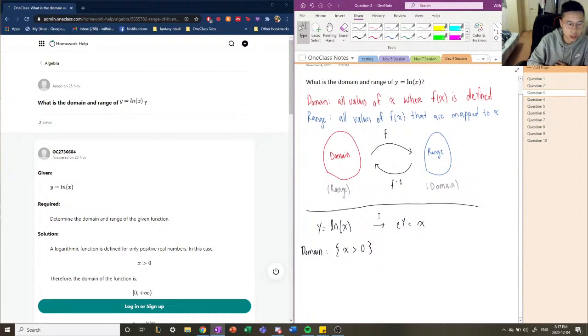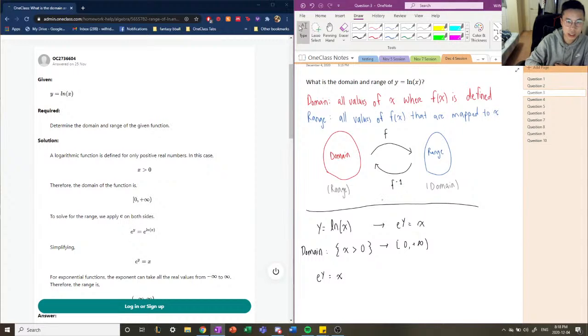So what about our range? Okay. I'm going to write the domain as this too. Okay. So what about our range? Okay, so we're going to take the inverse function, which I already made here. So the inverse is actually, if we apply e to both sides, e to the power of y equals x. Okay, so what is the domain of this function here?